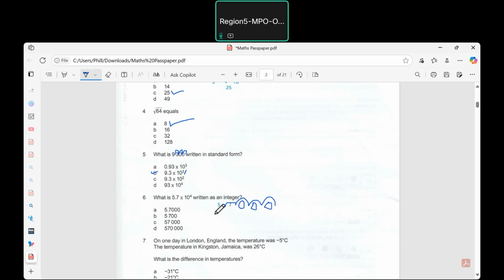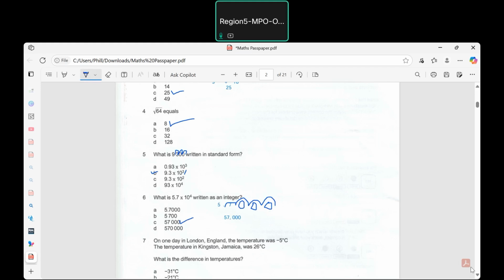So the integer that will be given would be 57,000. So the answer here would be C.